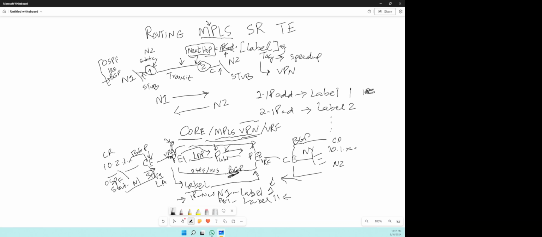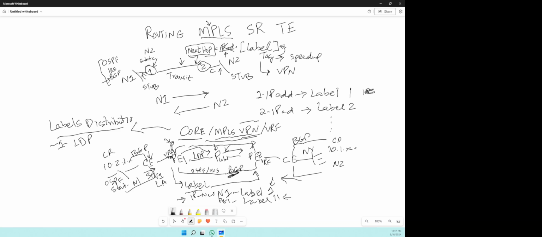So that's one way. So label distribution now, you've got to have a way to distribute these labels. Label distribution can be done by a protocol called LDP.